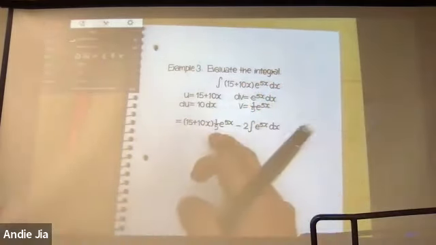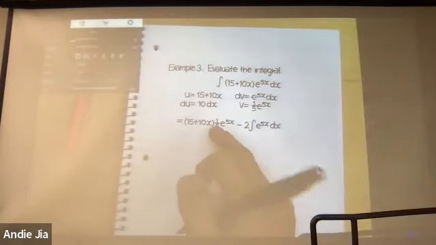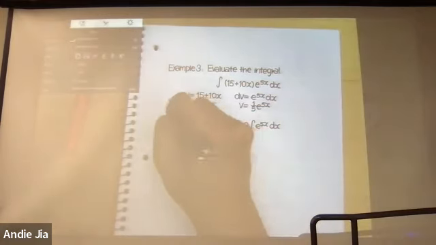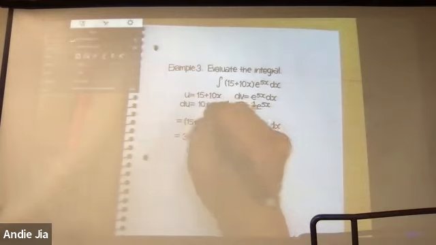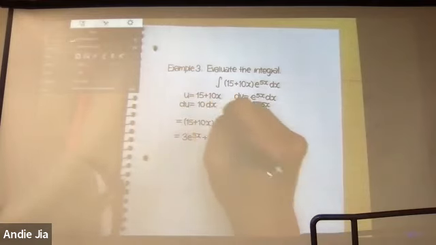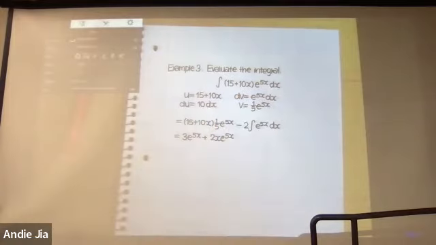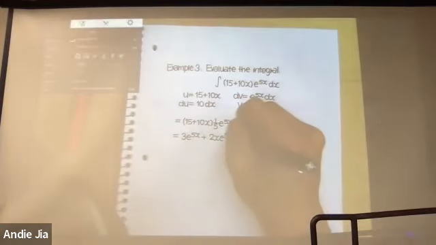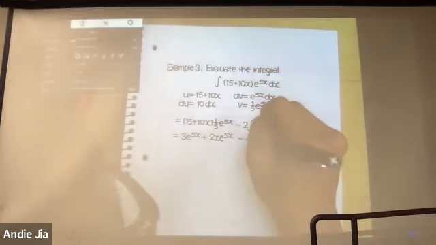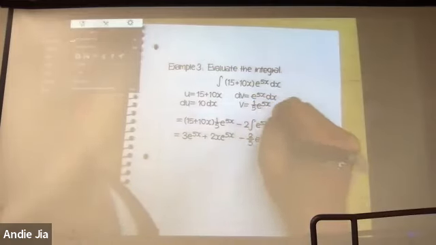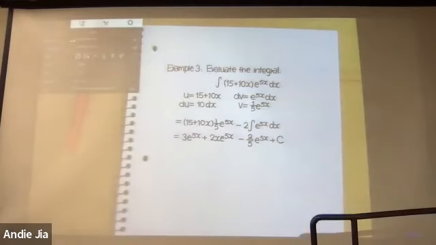We're going to multiply, it's going to be 3e^(5x) plus 2x e^(5x), minus 2/5 e^(5x) plus the constant of integration.